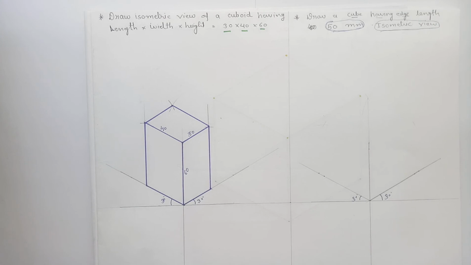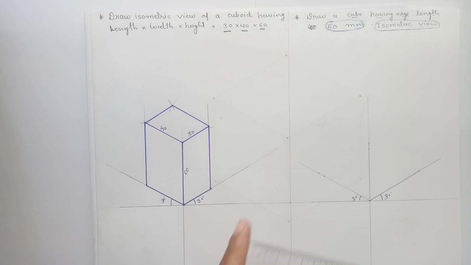If you want to draw the cube having length 50 mm, first of all draw the isometric axis, inclined at an angle of 120 degrees to each other, 120, 120 and 120.